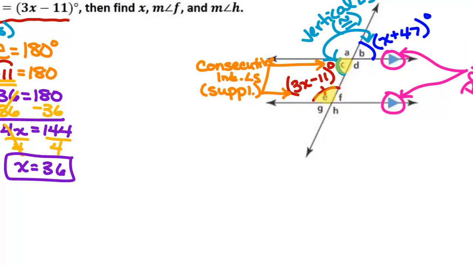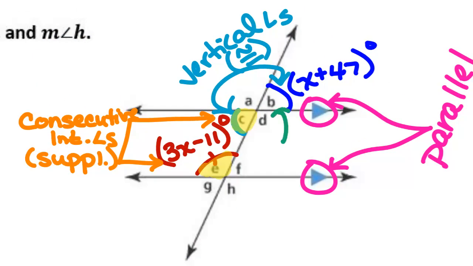All right, we need to find angles F and H yet. What's another angle up here that's the same size as F? B. Angles F and B are corresponding angles. Are corresponding angles congruent or supplementary? Congruent.